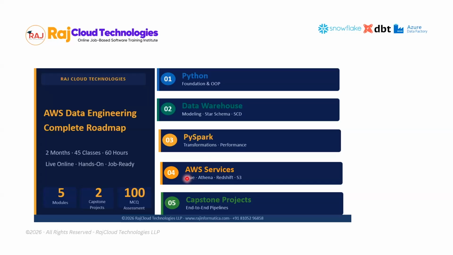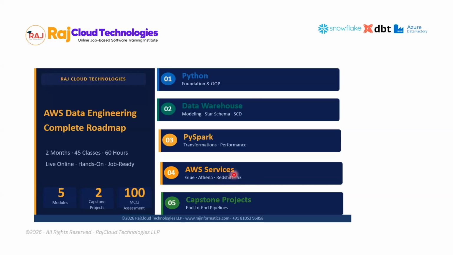Then we will learn about Athena. Athena is again a managed service to query the data sitting on your data lake. And Redshift is the data warehouse solution, a managed service provided by AWS. Again I'm reiterating, in this curriculum we will learn Redshift as a cloud warehouse.